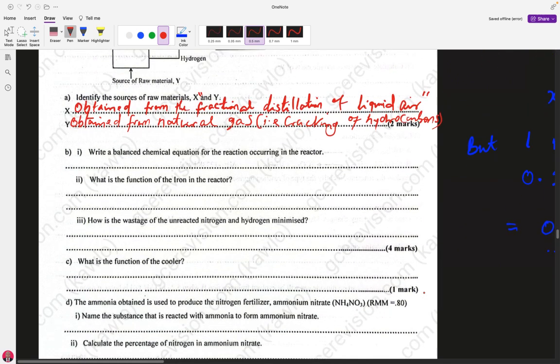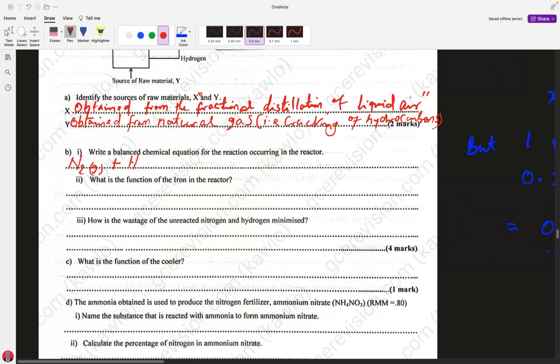B1. Write a balanced chemical equation for the reaction in the reactor. Okay, the reaction in the reactor will definitely be this. In the reactor we have nitrogen. Nitrogen is a gas. Always put the state of matter.